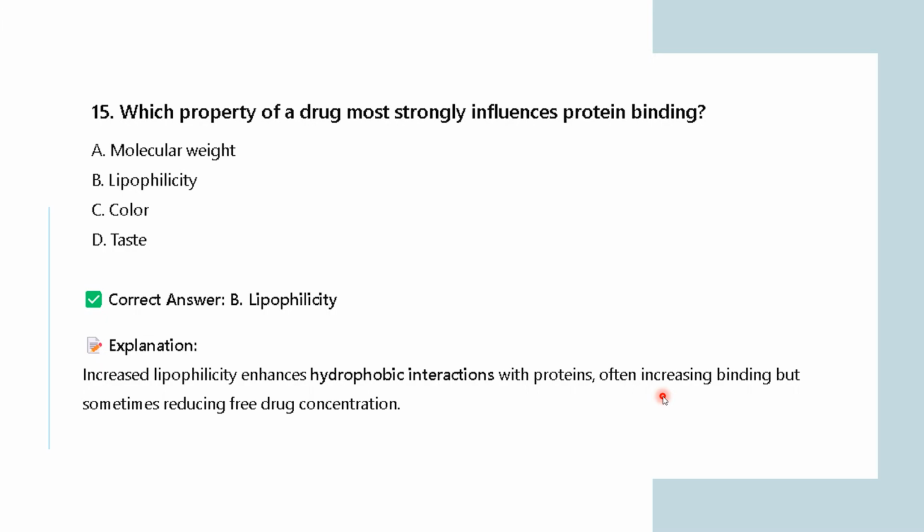When your drug goes into your system and acts on the phospholipid layer, the drug which has lipophilicity will have the most influence on protein binding because of the outer covering of that protein, which is hydrophobic in nature.